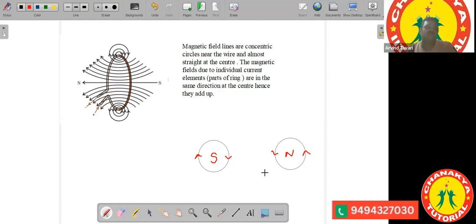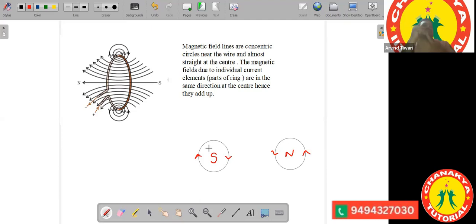Yes, of course. Here we are trying to use the Maxwell rule we just studied in the opposite way. What is that opposite way? In the rule, we said that the thumb points in the direction of current, then the folding fingers point in the direction of magnetic field lines.